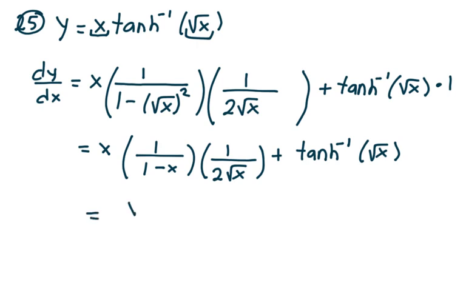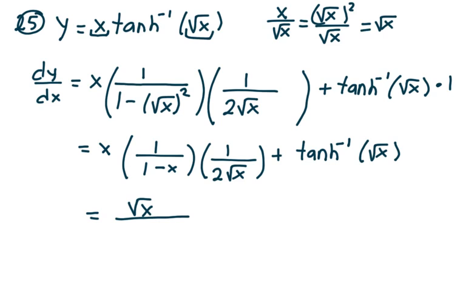I can write this as square root of x because x divided by the square root of x is square root of x squared divided by square root of x, which is square root of x. So I get square root of x divided by 2 times 1 minus x, plus the inverse hyperbolic tangent of root x. Like so.